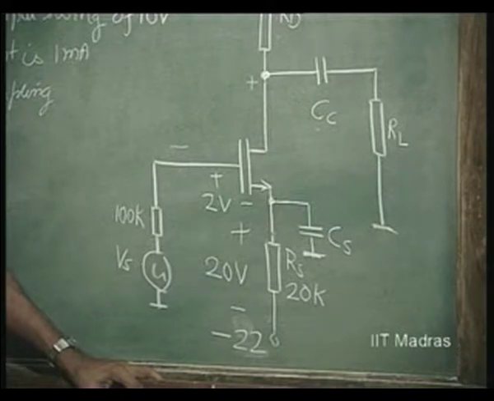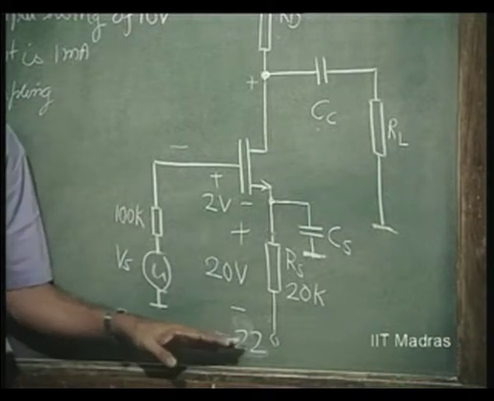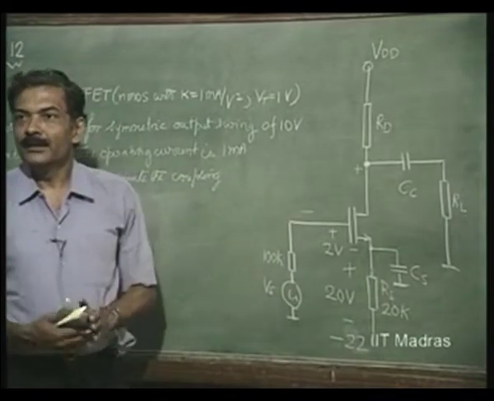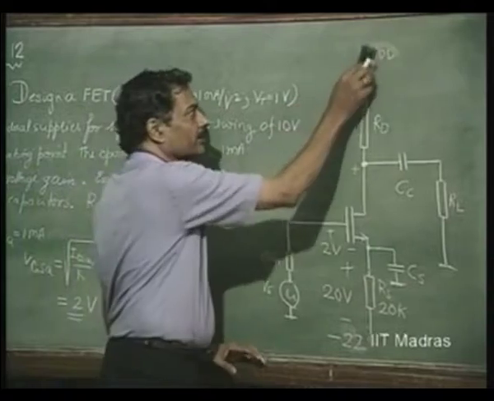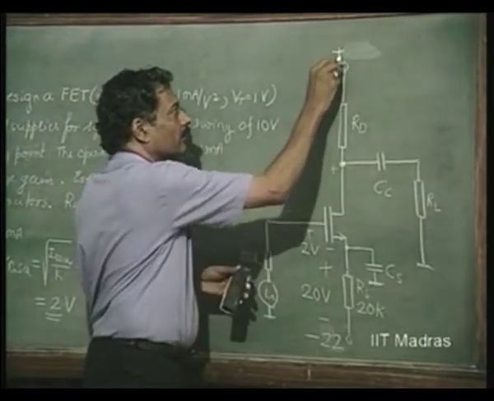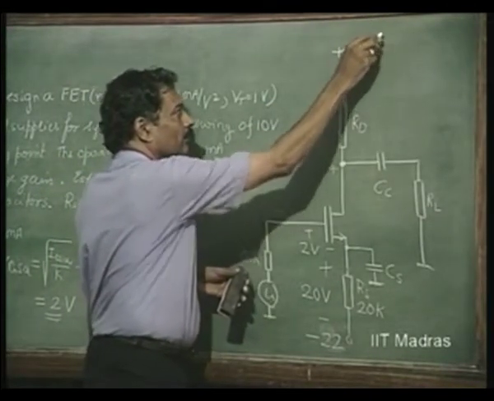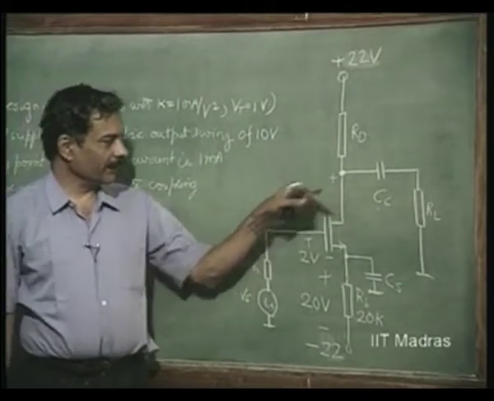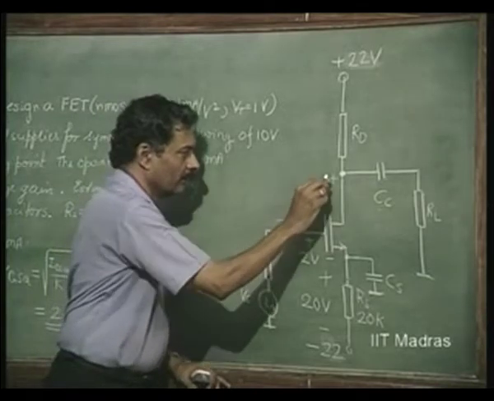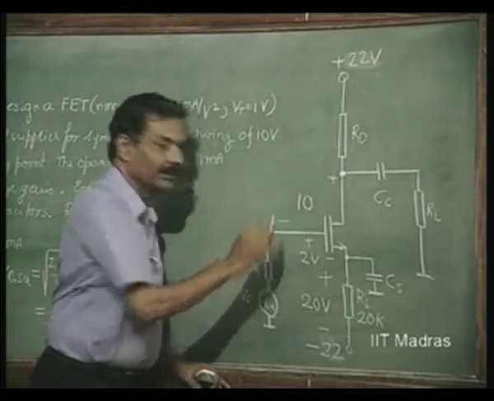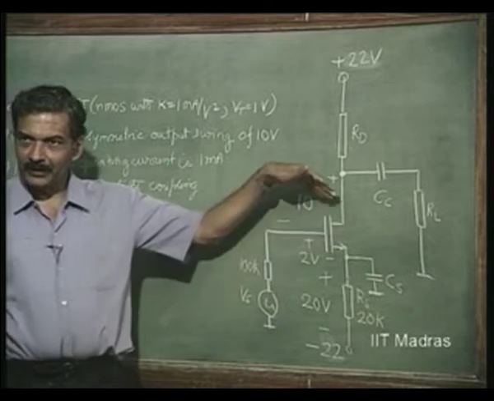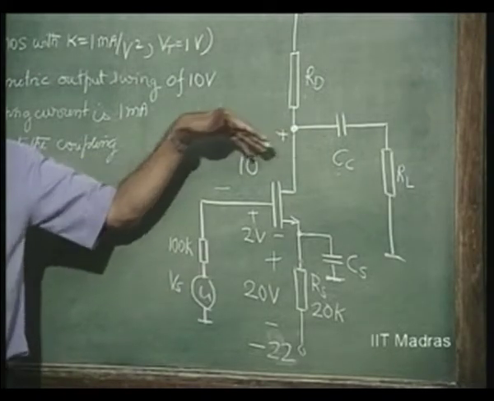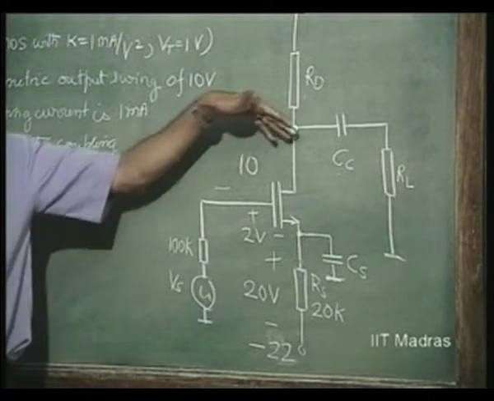Okay. If it is dual supply, if this is minus 22 volts, I would definitely have VDD also as plus 22 volts. And if this is 10 volts, that is what the swing should be, output swing, corresponds very nearly to VGDQ in one direction, right.